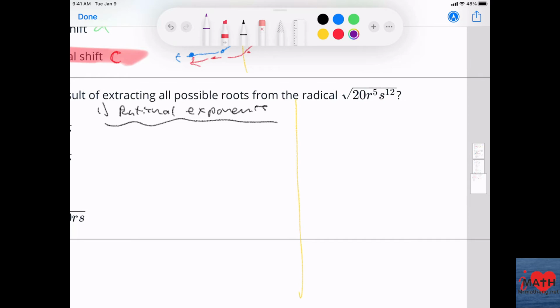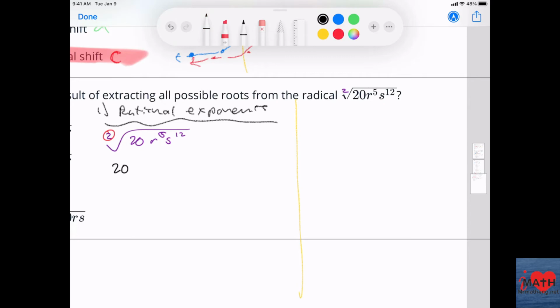Basically, you just change them all into fractions. There's a 2 up here, and 20 r to the 5th and s to the 12th. Let's do this in red.